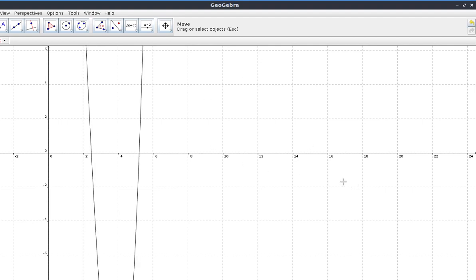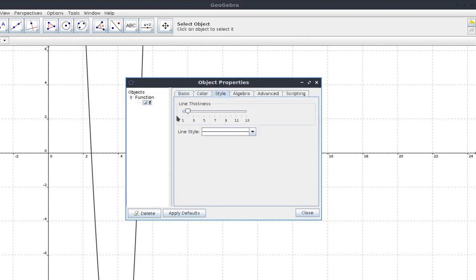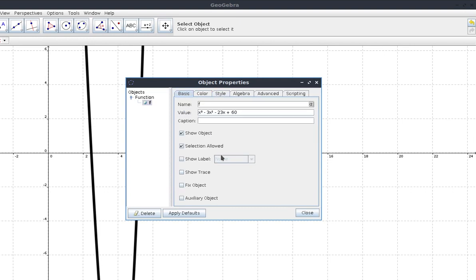Bam. Alright. So here now, let me make the graph thicker than it is now. Alright. Nice.